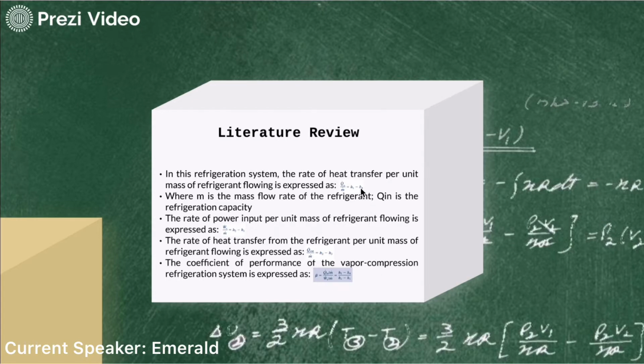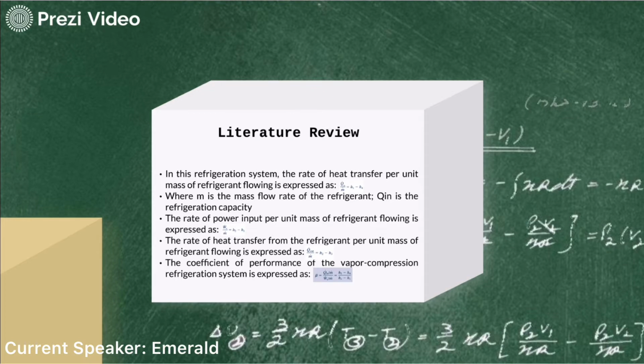But I can mention that the ones that are analyzed are the rate of heat transfer per unit mass of refrigerant flowing in the process of refrigeration cycle, the rate of power input per unit mass of refrigerant flowing, which is the power input to the compressor, and then the rate of heat transfer from the refrigerant per unit mass of refrigerant flowing, and the last thing is the coefficient of performance of the vapor compression refrigeration system.